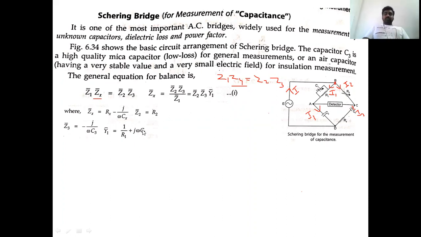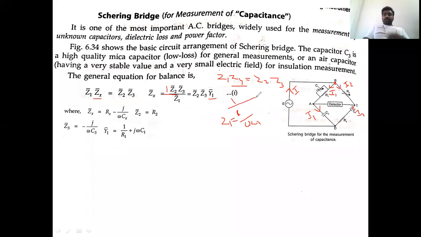Okay, so if we substitute the values in this expression, so many people will have a doubt అండి, ఏంటంటే ఇక్కడ actually the Z1 value is equal to R by j omega C1. So ఇక్కడ ఏం చేసామని but what actually happened, 1 by Z1 is nothing but Y1.